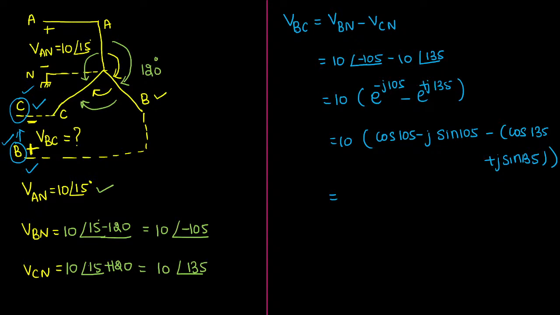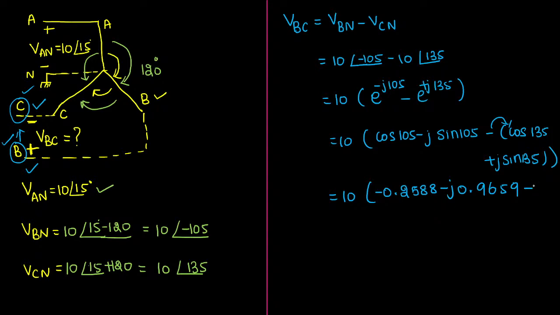So for 105, if I take cos, I am getting 10 into minus 0.2588, minus j, and if we take sine 105, I am getting 0.9659. Now I am passing this minus inside the bracket, once again for 135.